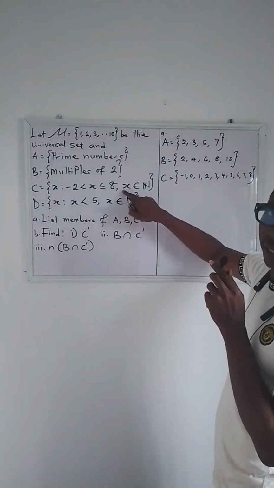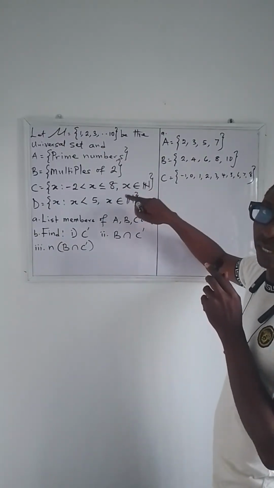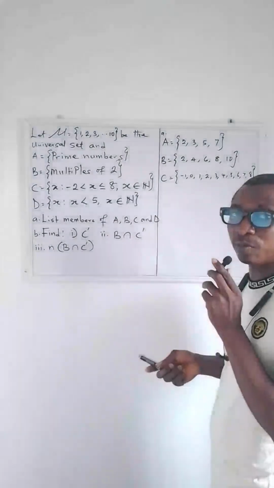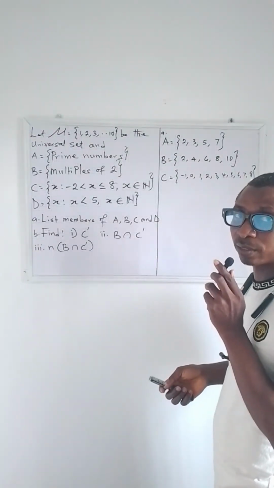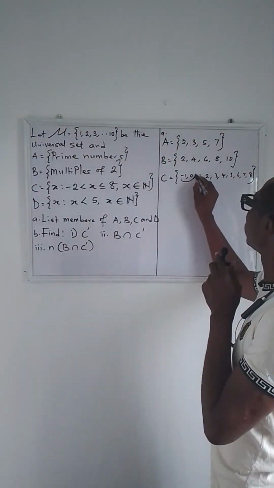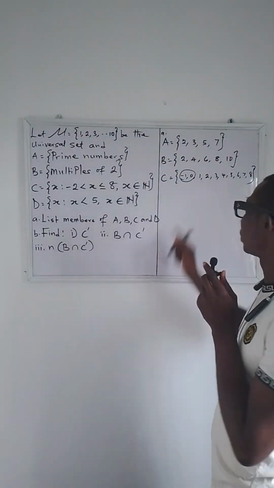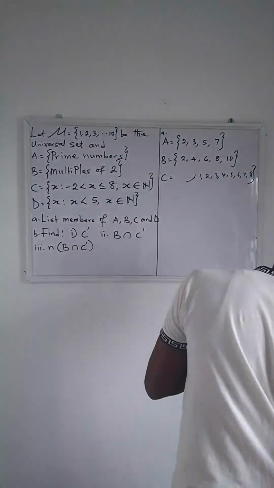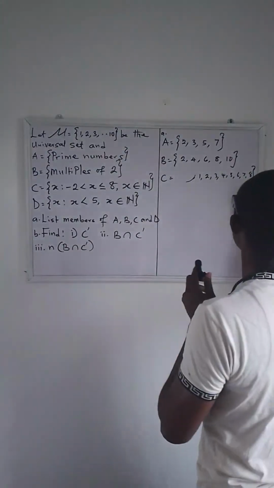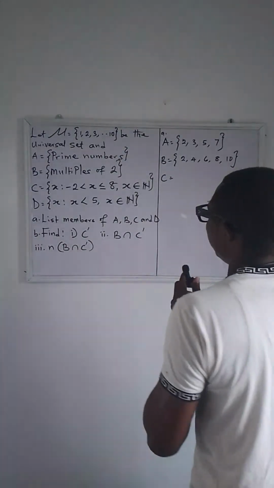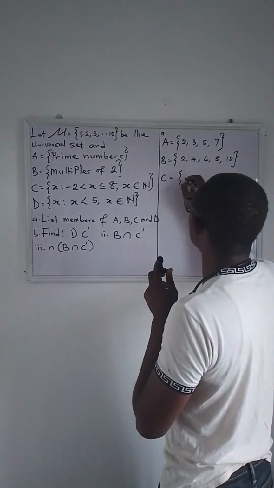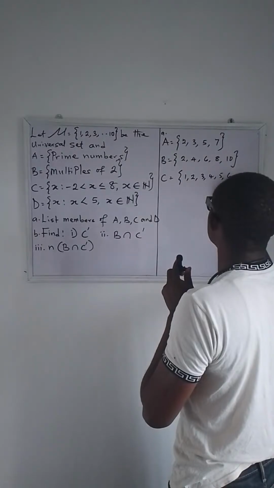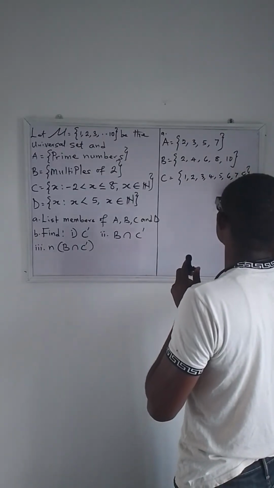But a condition has been given that you are expected to list only natural numbers. Natural numbers are counting numbers, so the negative numbers and zero will not be included. The set of numbers you will be listing is 1 down to 8. So we have the set 1, 2, 3, 4, 5, 6, 7, 8.